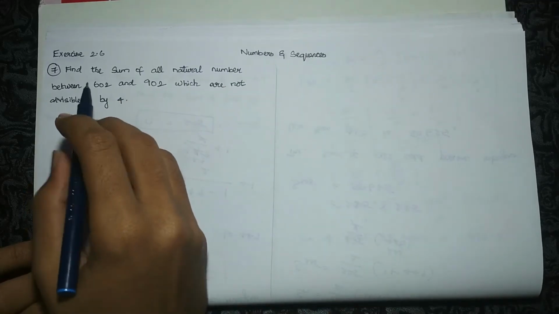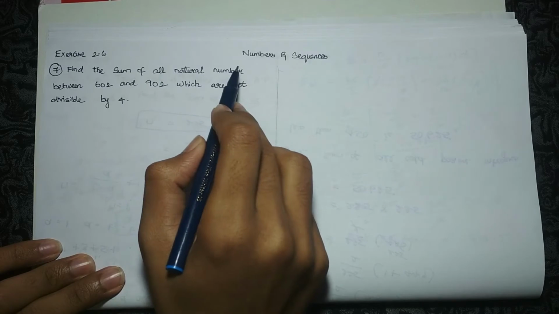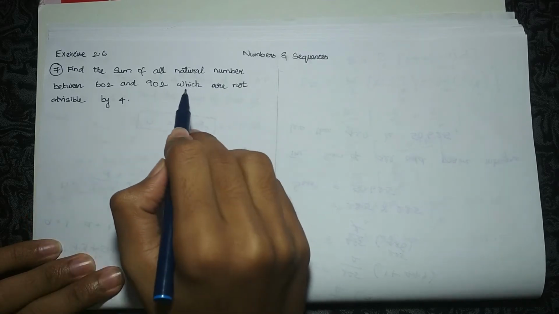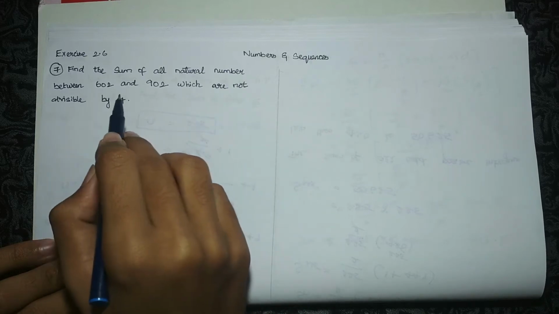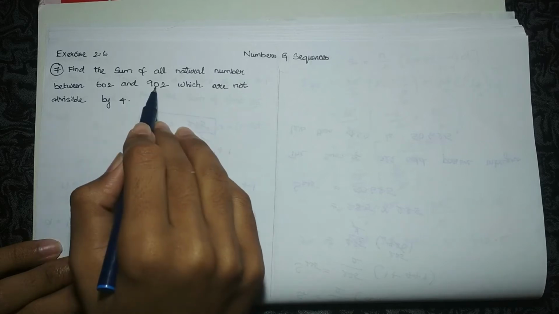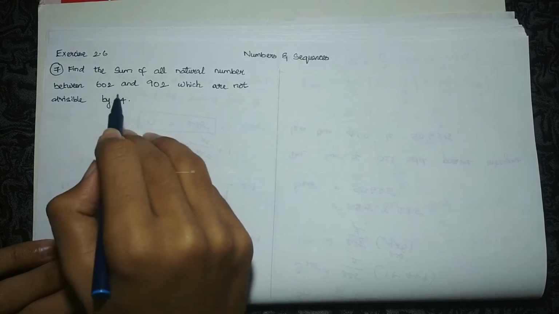Here in the seventh problem, find the sum of all natural numbers between 602 and 902 which are not divisible by 4. We have to find the sum of all natural numbers between these values which are not divisible by 4.